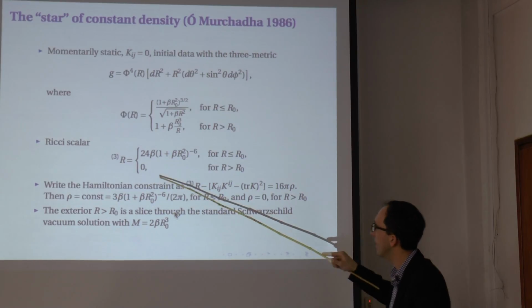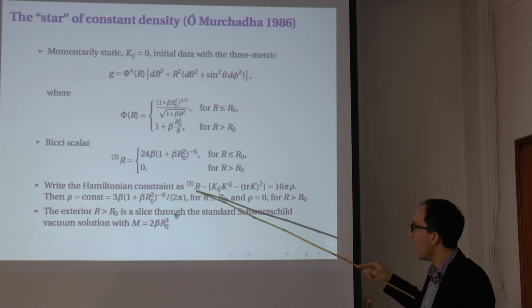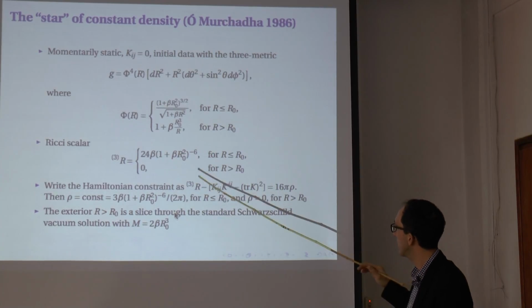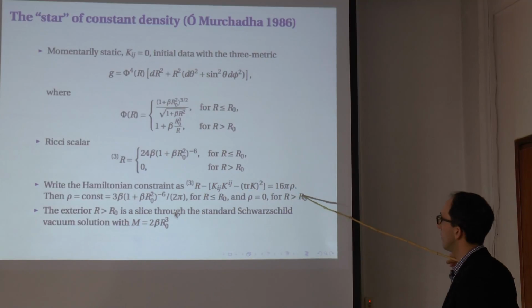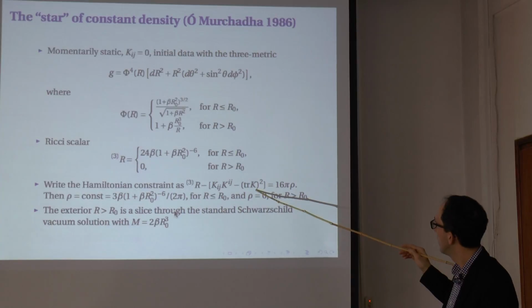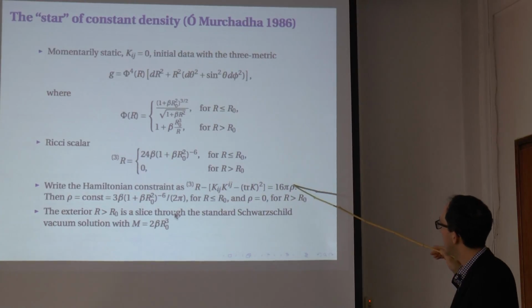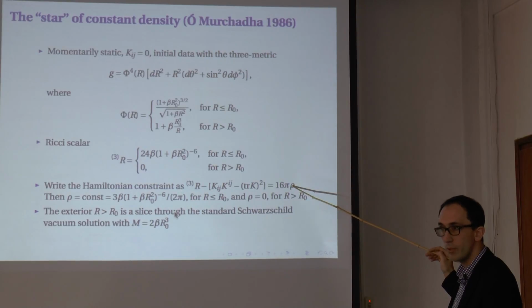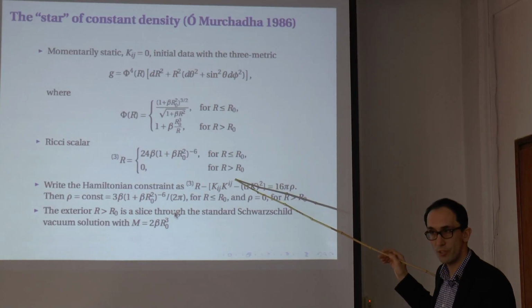And if you plug that into the Hamiltonian constraint, one of the Einstein equations, you understand that because Kij is 0, the energy density is simply constant within the sphere of radius R0.